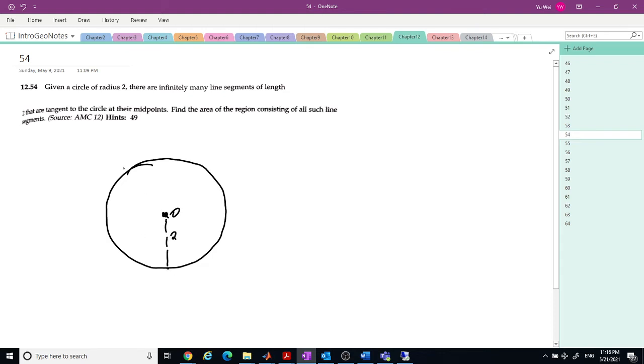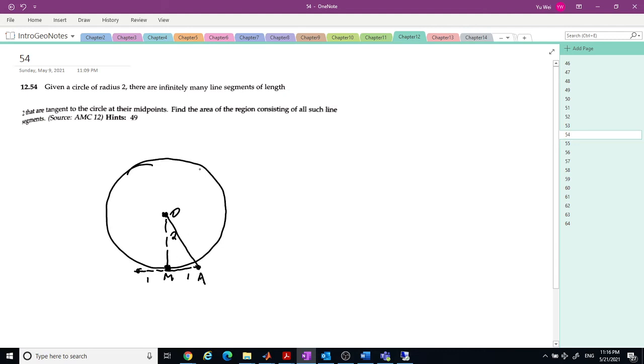There are an infinite number of lines that are tangent to the circle. For example, it is tangent to the circle, and at the midpoint, this is the midpoint, so this is 1, this is 1, right? This is A, right?